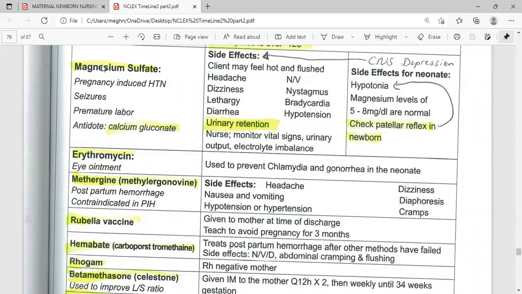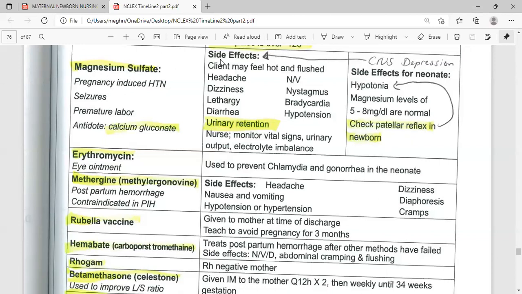So sometimes NCLEX would ask, what are the doses of magnesium sulfate? We use 4 gram IV stat, then 1 gram per hour to be continued 24 hours after last seizure.